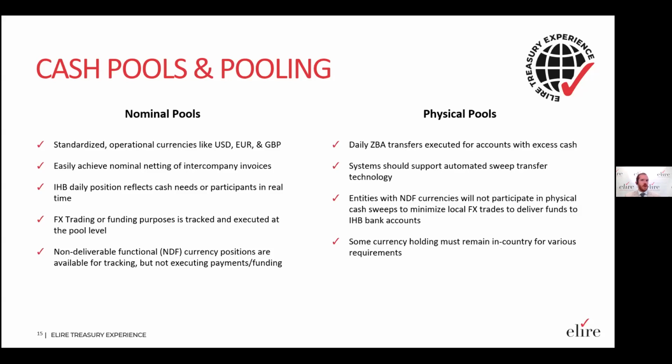Our treasury management systems not only allow us to capture information if the bank is managing our ZBAs. In a lot of circumstances, particularly in the United States, banks offer ZBA processes that are managed on their end. But with a lot of the treasury management systems in particular that we work with here at Elire, we can automate sweep transfer technology for countries outside the US.